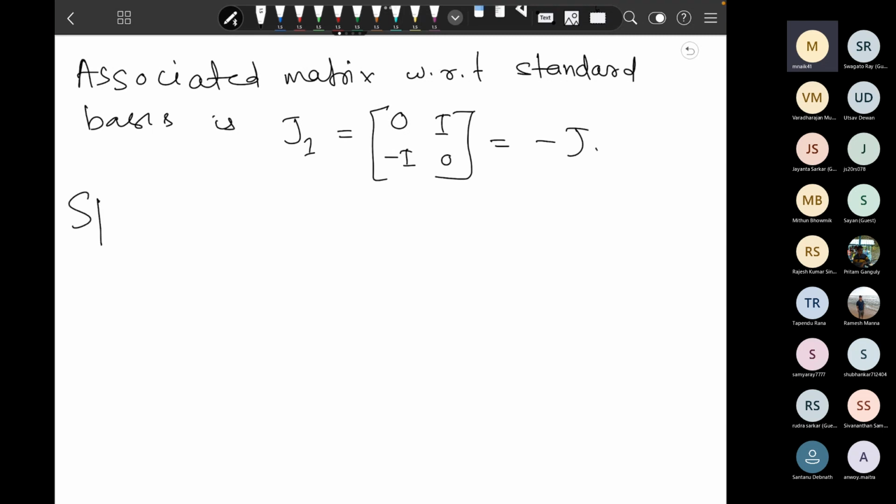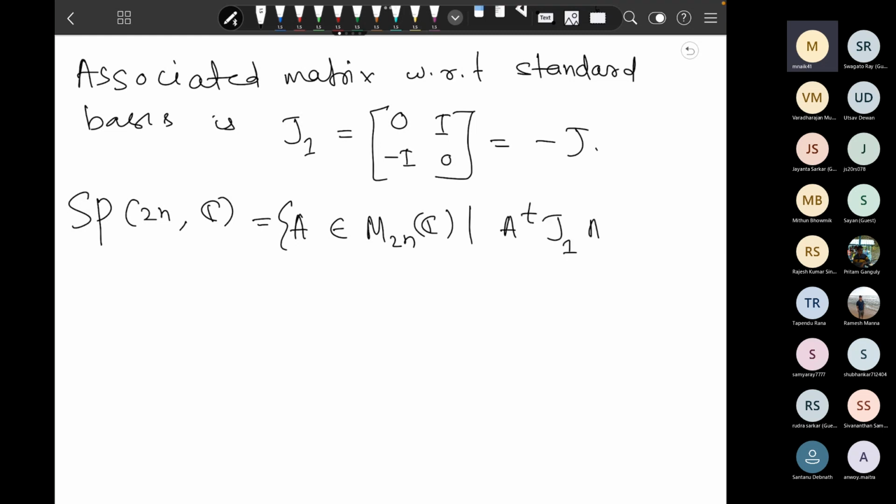So SP2n(C), you really take A belongs to M2n(C) so that A transpose J1 A is equal to J1.